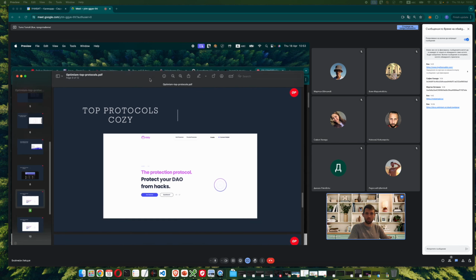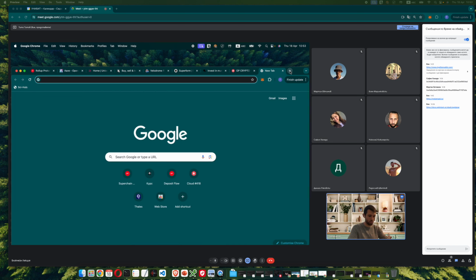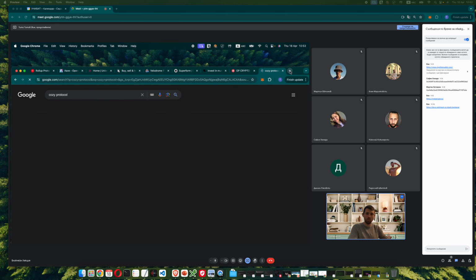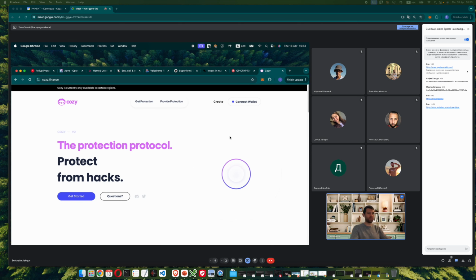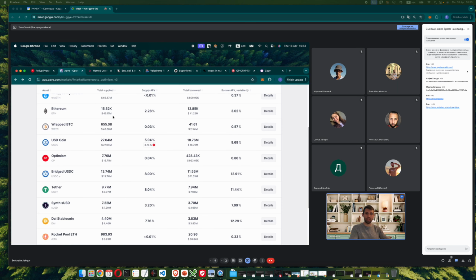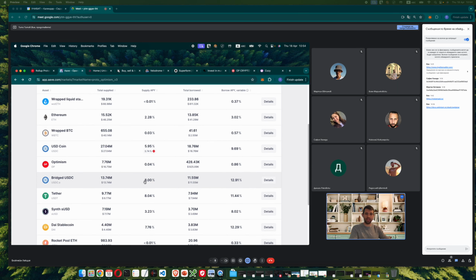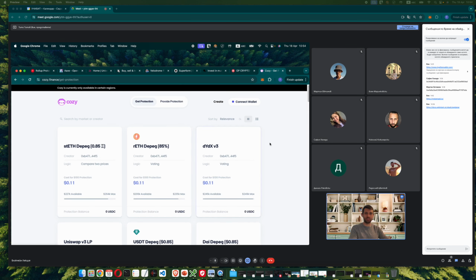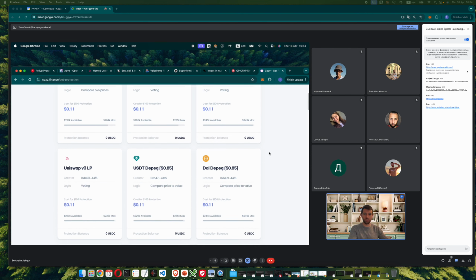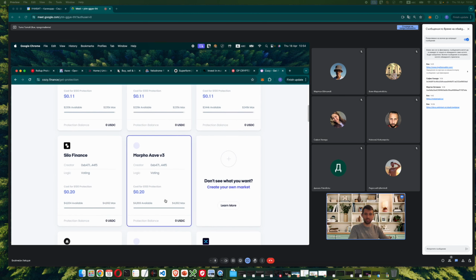There are other protocols which are insurance ones. So here you can buy insurance. For example, I want to put some money in Aave and make 8% profit per year, but I'm not sure if someone can hack the protocol. So I can come to Cozy, and I'm not sure if they have protection for Aave, but maybe they have protection for some protocols here.